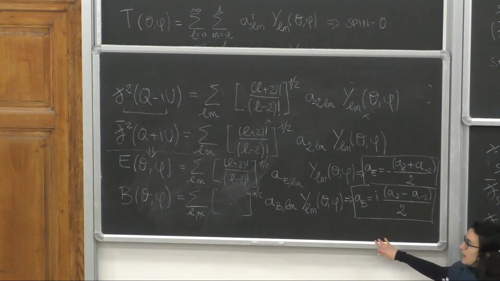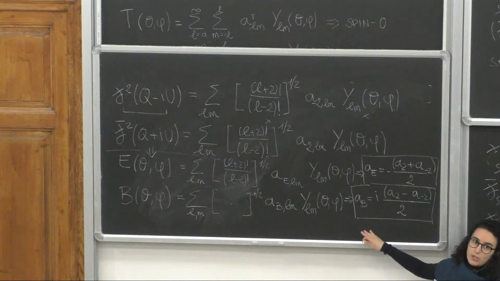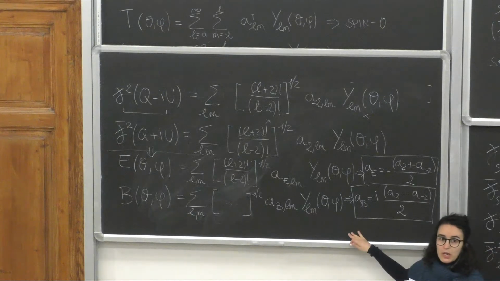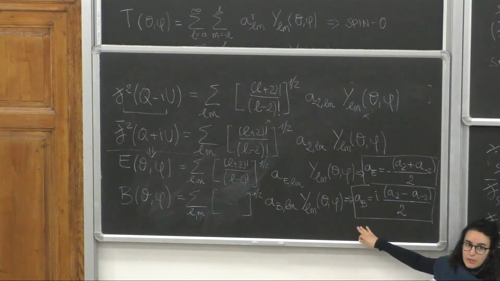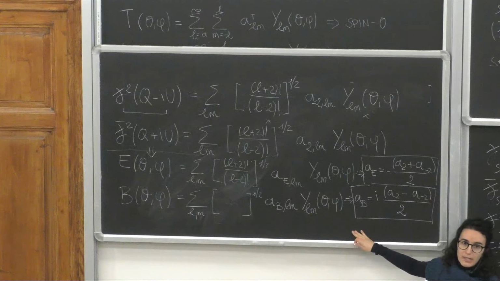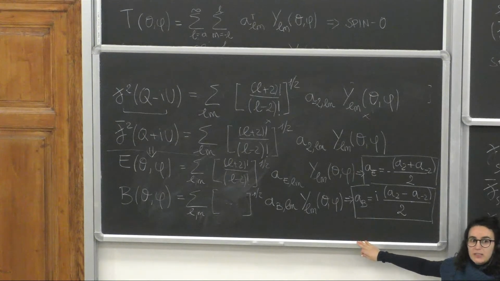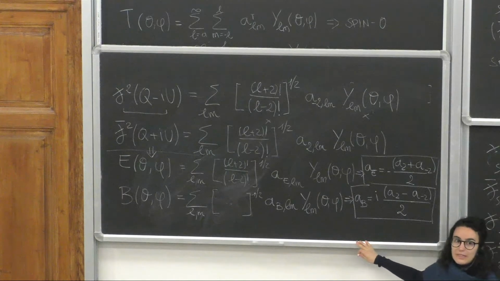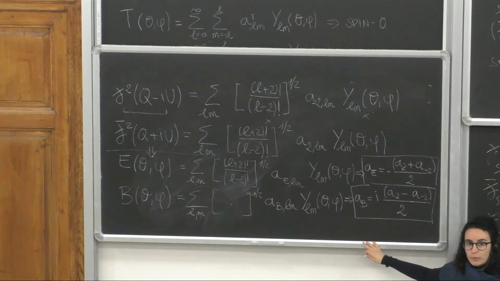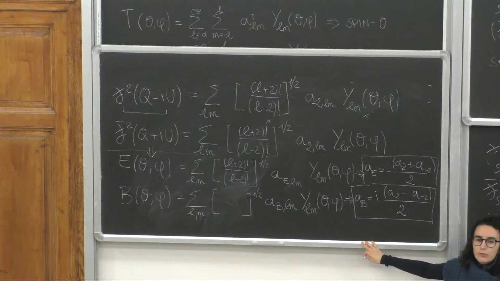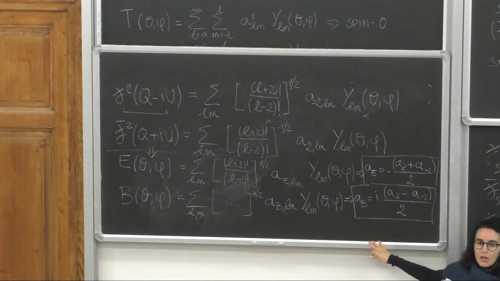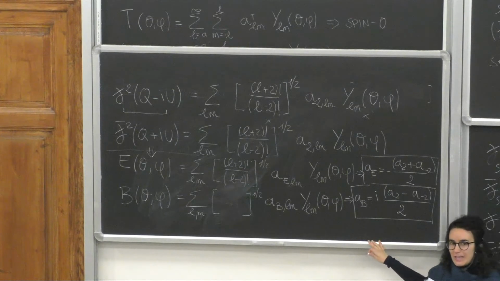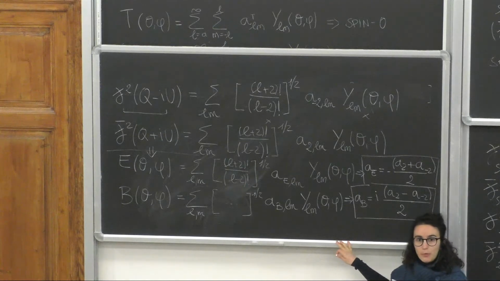This means that whenever we consider cross-correlations between the three fields that we can define out of the CMB, the T field and the two polarization fields, E and B, then we also expect that the cross-correlations involving scalar and pseudoscalar, so TB and EB, will be vanishing. So in the standard cosmological model, the power spectra or the cross-correlations between T and B and between E and B are expected to be 0.